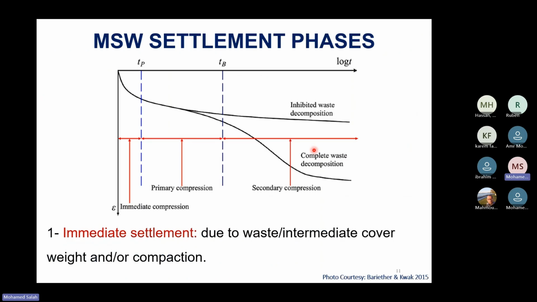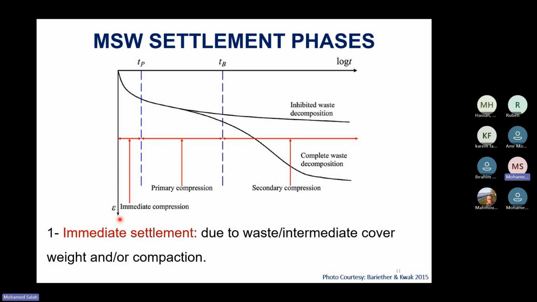Let's have a look at the different phases of municipal solid waste settlement. Here we can recall the consolidation of soft soil. This schematic represents the log of time on the horizontal axis, and on the vertical axis, the waste strain or the settlement of the waste.